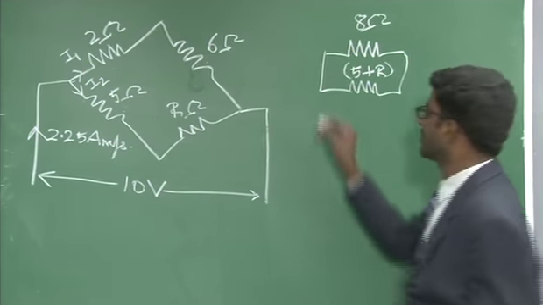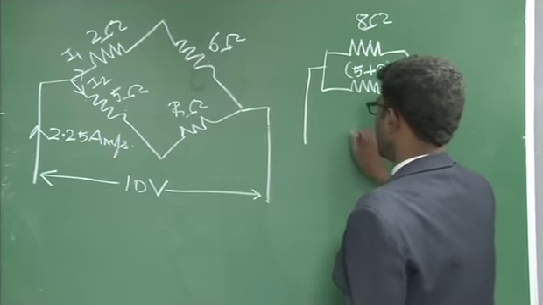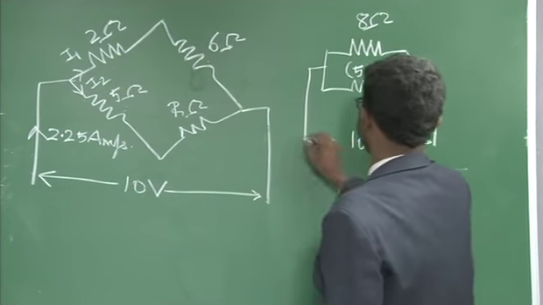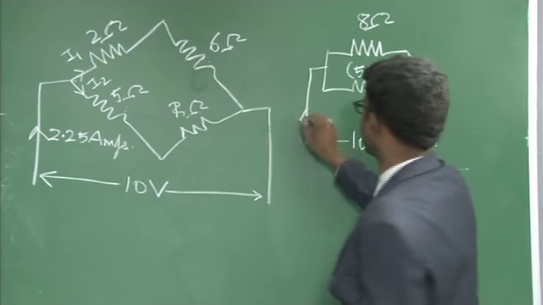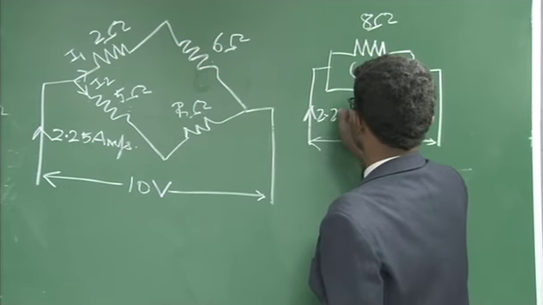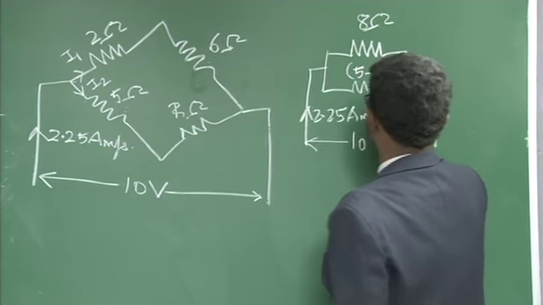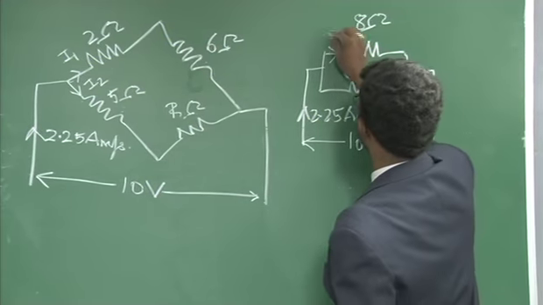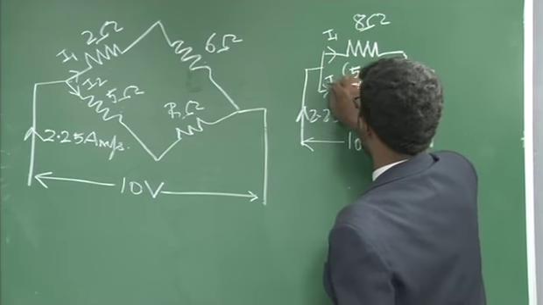This is connected to your 10 volt source, and the current flowing from the source is 2.25 amps. Now the question is to determine I1 and I2.